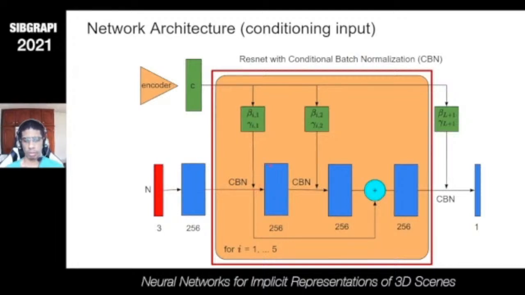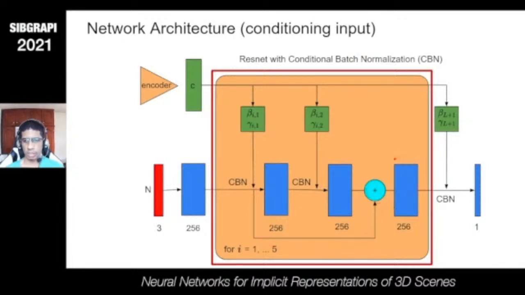And then this important block has two of those layers used in this network, and this is the ResNet residual part that has this skip connection.